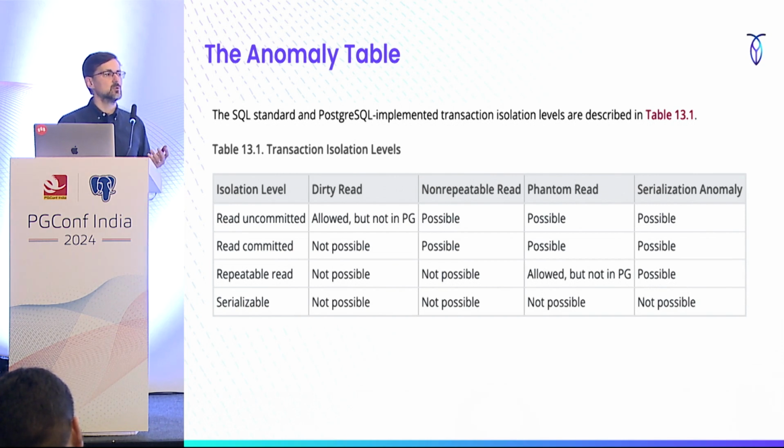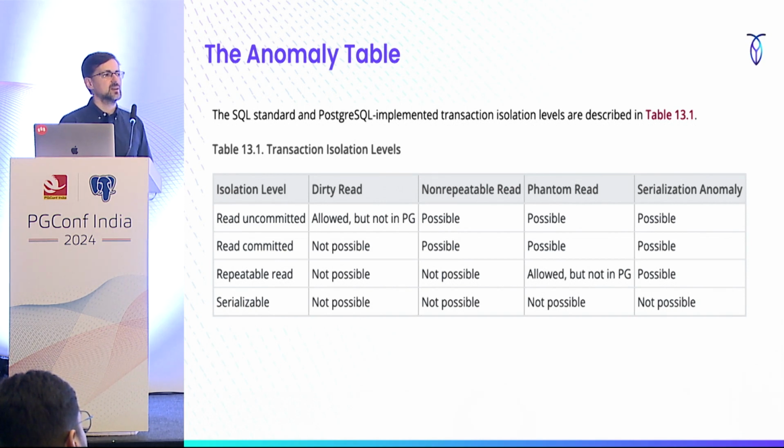And then serializable is the gold standard of isolation level. Serializability is defined as every transaction runs as if it is the only thing running on the database at a time. Even though there may be other transactions executing concurrently, in serializable isolation, the database is required to present each transaction the appearance that it is the only thing in the database.